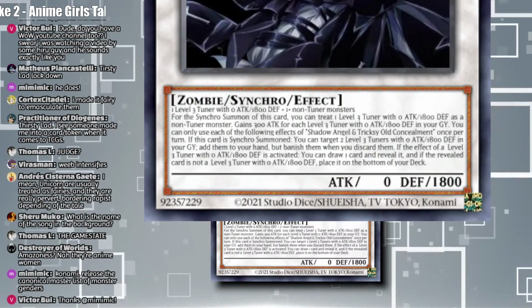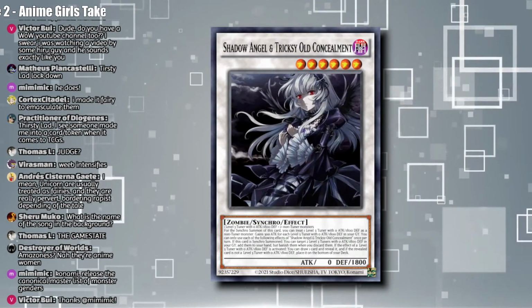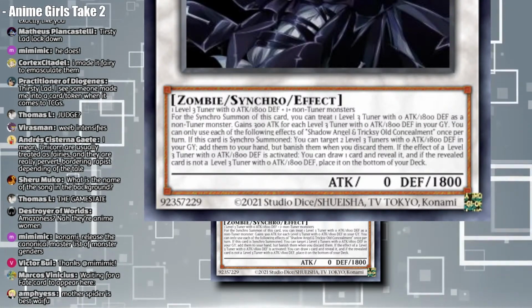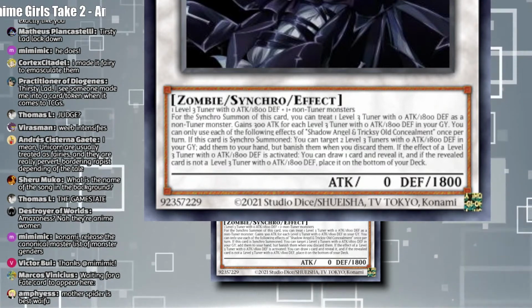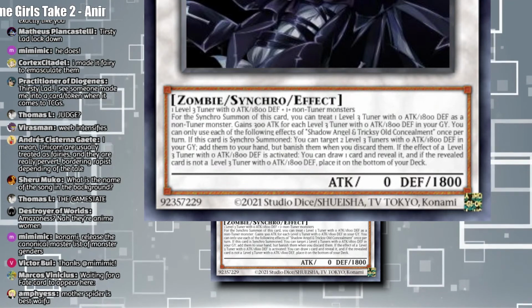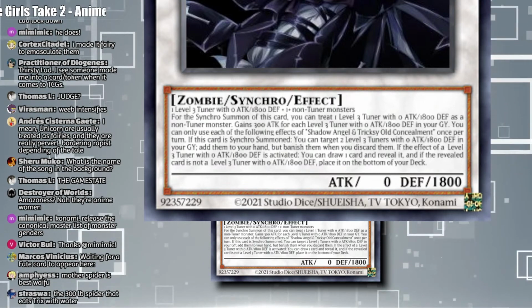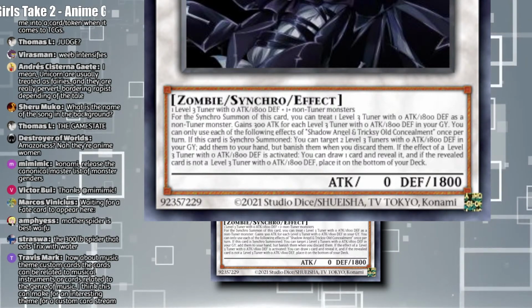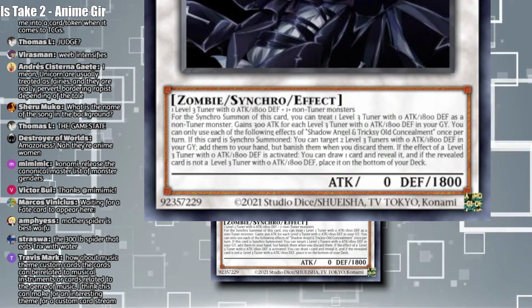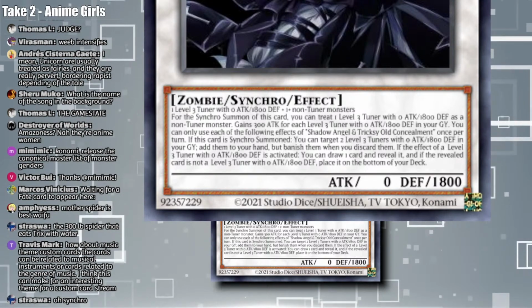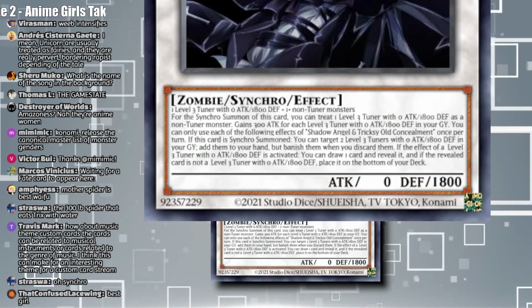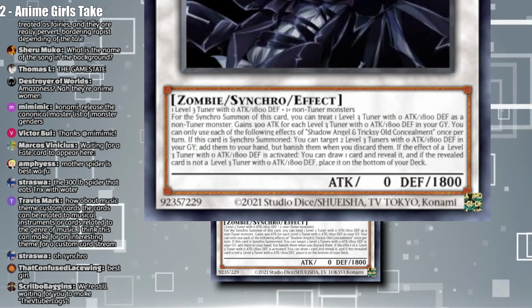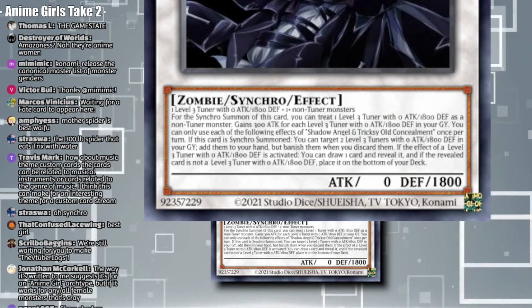Next up. Wait, what level is this? 1, 2, 3, 6. Okay, that makes sense. Zombie Synchro, 1 level 3 tuner with 0 attack and 1800 defense plus 1 or more non-tuner monster. I don't think I've ever seen a tuner that specific. For the synchro summon of this card, you can treat 1 level 3 tuner with 0 attack and 1800 defense as a non-tuner.